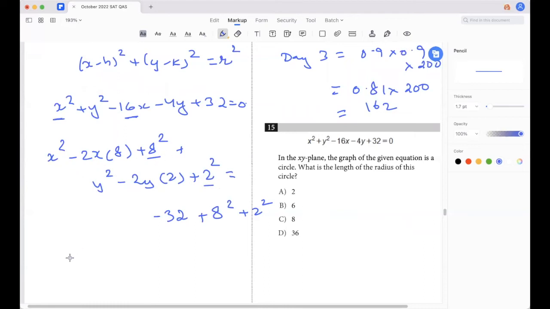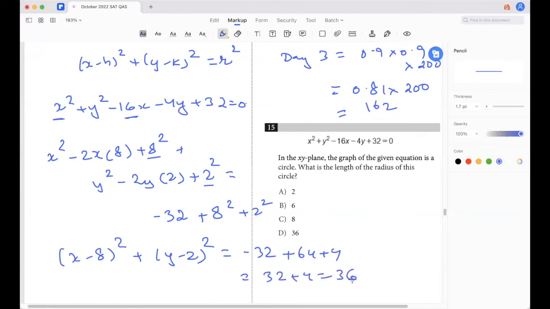Now, these three terms become x minus 8 squared. And these three terms become y minus 2 squared. And I get minus 32 plus 64 plus 4, which is 36. So my center is 8, 2, and my radius is 6.